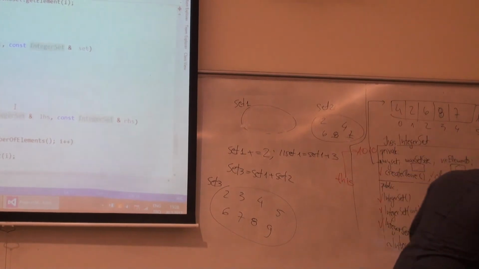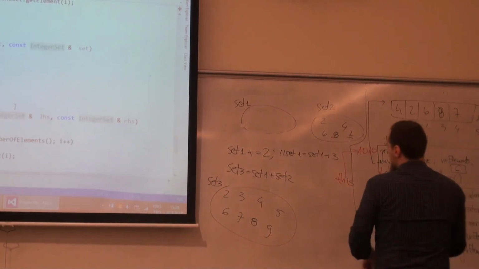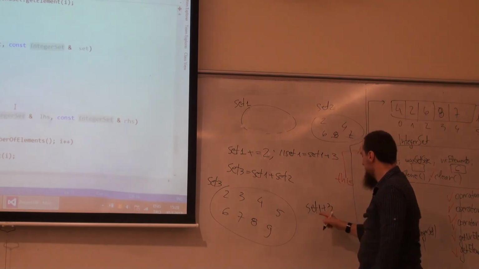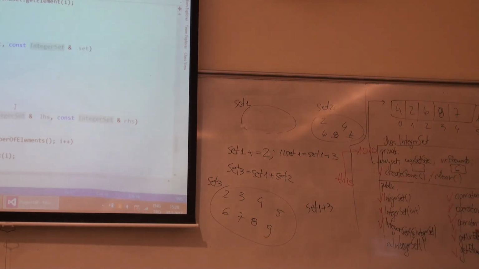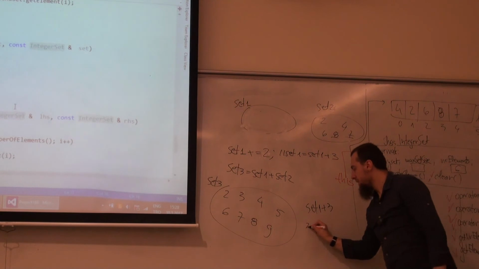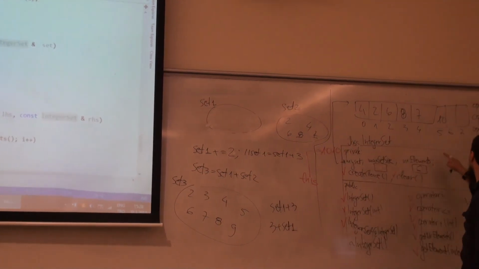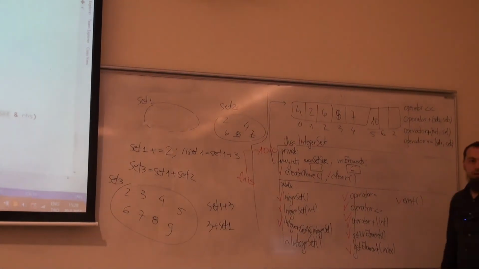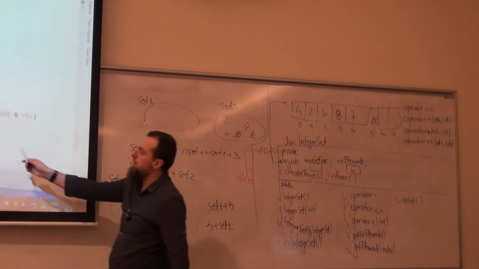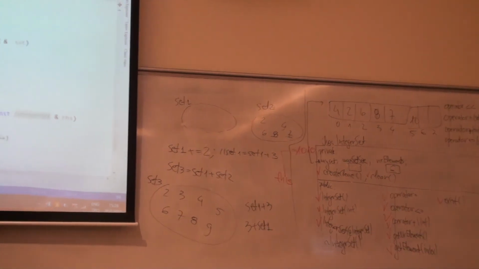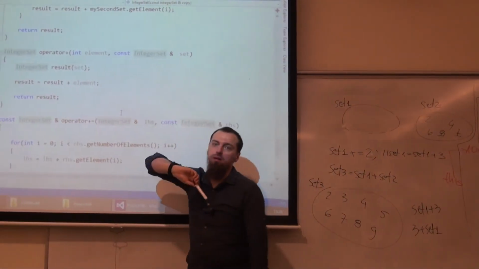Meaning that if I say something like set 1 plus 3, I'm going to call the member function. But if I say 3 plus set 1, then I'm going to call this function, because here the left-hand side is an integer, right-hand side is a set.